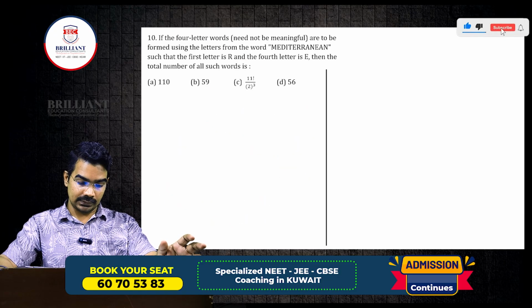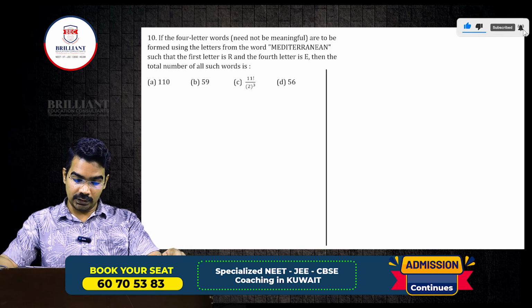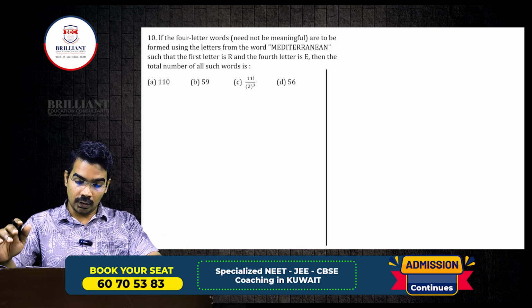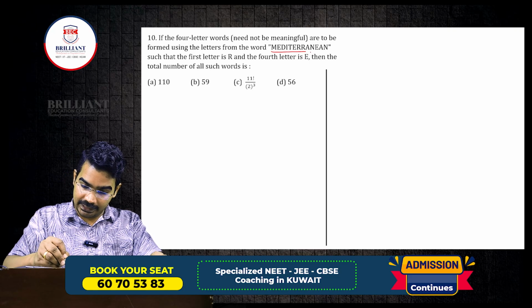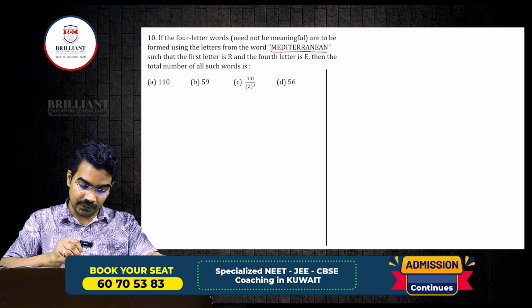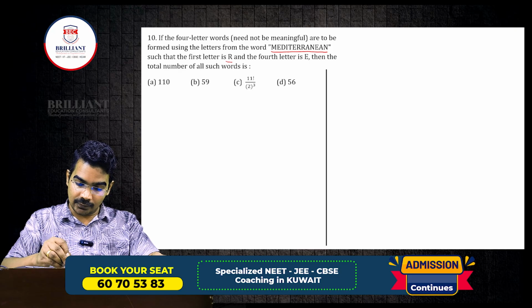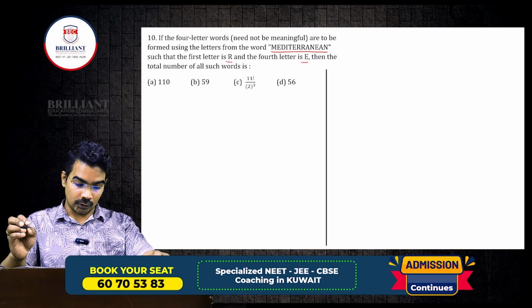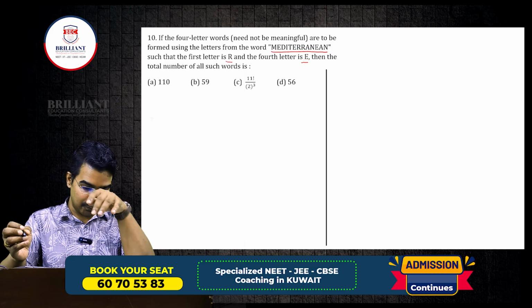So the next question is, if the 4-letter words, which need not be meaningful, are to be formed using the letters from the word Mediterranean, such that the first letter is R and the 4th letter is E, then the total number of all such words which can be formed.